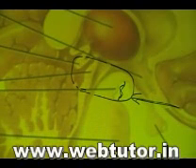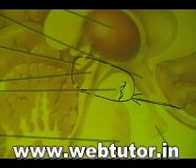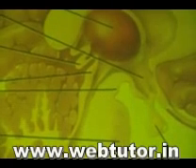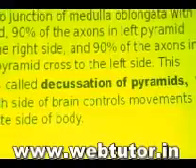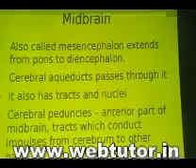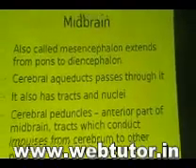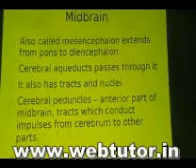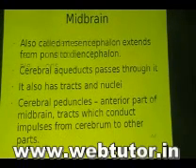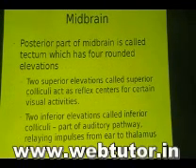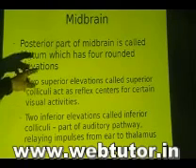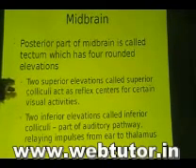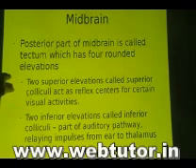As we said, the cerebral aqueduct passes through it. So, cerebral peduncles are the anterior part. The posterior part of the midbrain is called the tectum, which has 4 rounded elevations. We'll see this in the diagram.